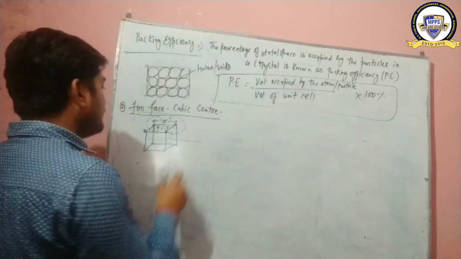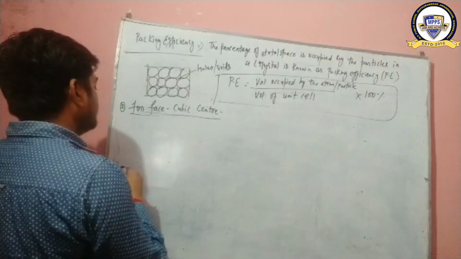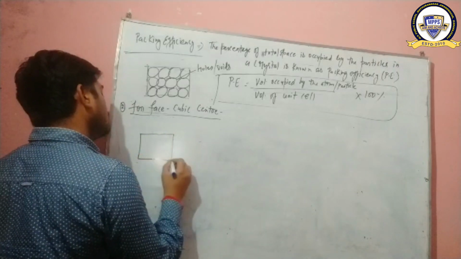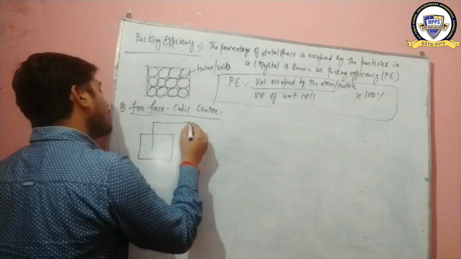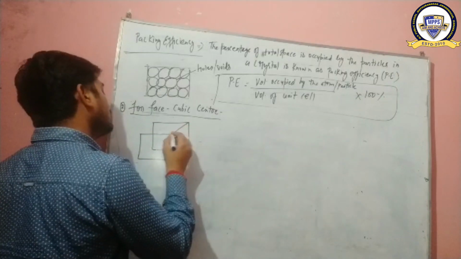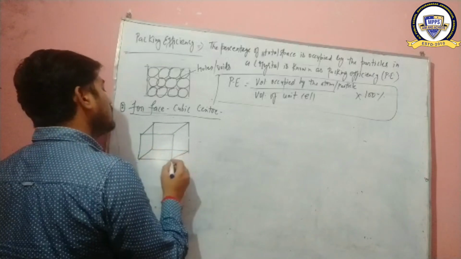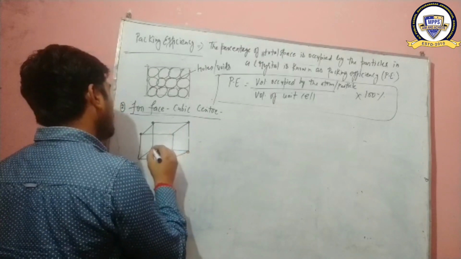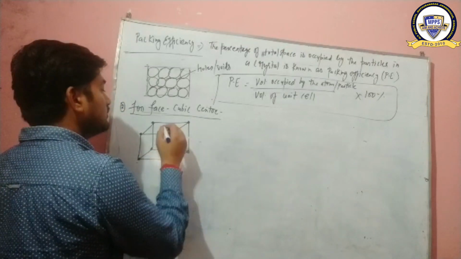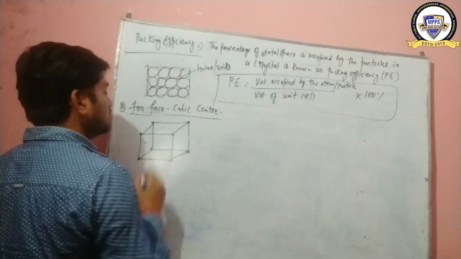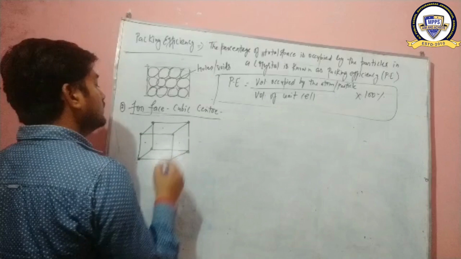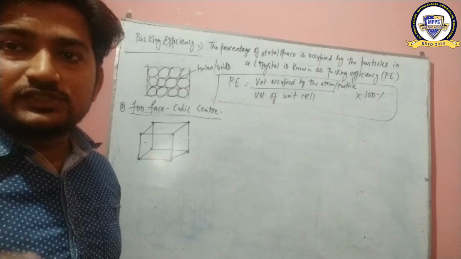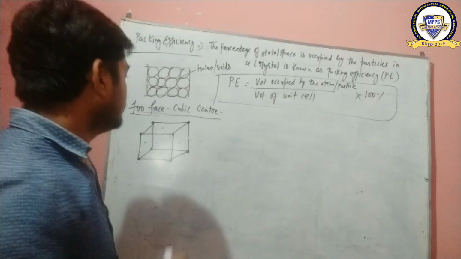In this type, again we draw a cube. There are 8 corners, along with one extra dot in each face, representing the atoms present in each face of the cube.